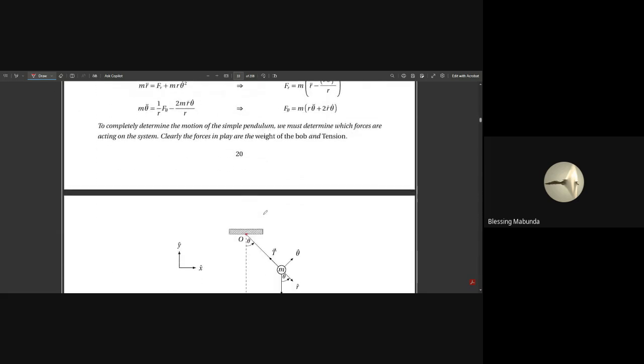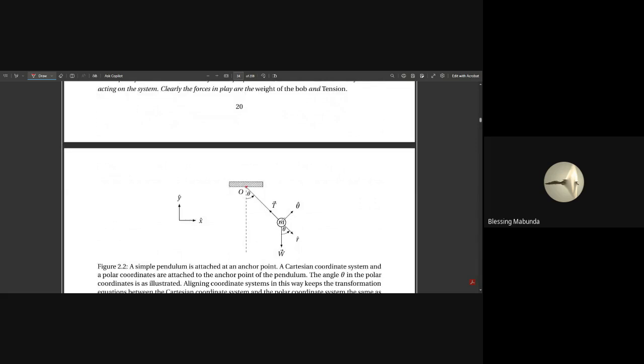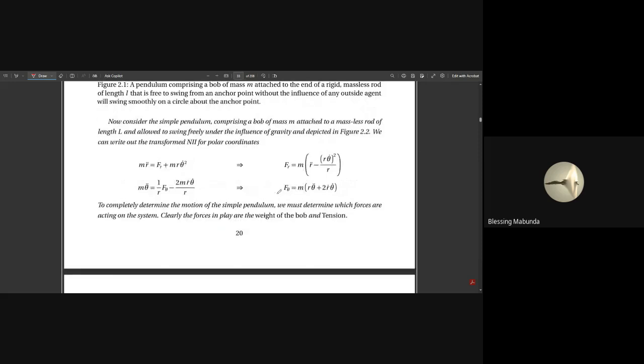And so note here that the path will look something of this nature. You're going to have a component that's radial as well as tangential. So our F_r can be written in that manner, and then F theta.